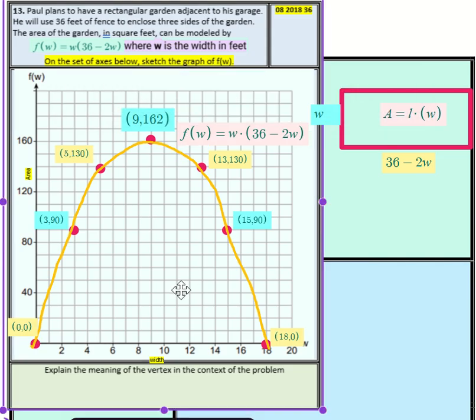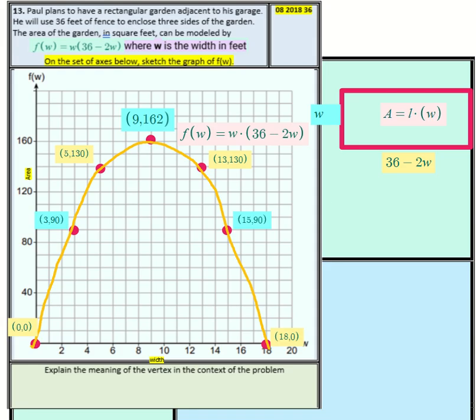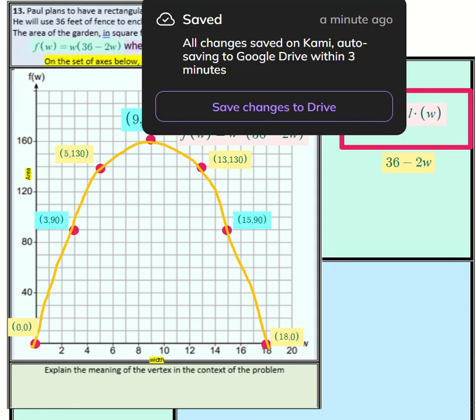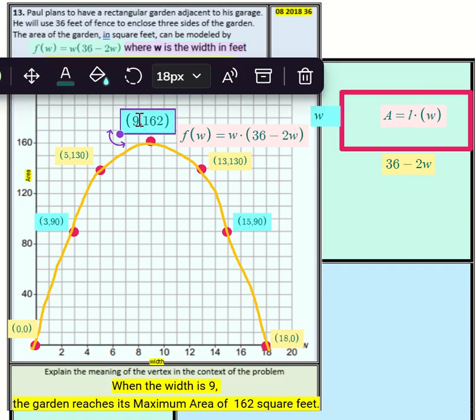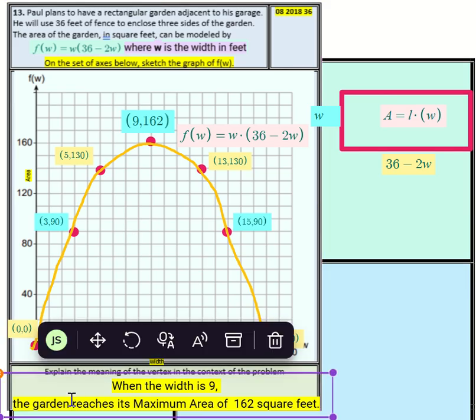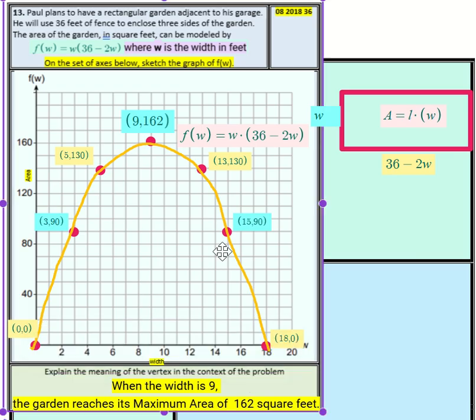So my next step is to explain the meaning of the vertex in context of the problem. Remember, we're talking about width and we're talking about area. So my explanation is going to be, our statement says when the width is 9, the x-coordinate, the garden reaches its maximum area of 162 square feet.